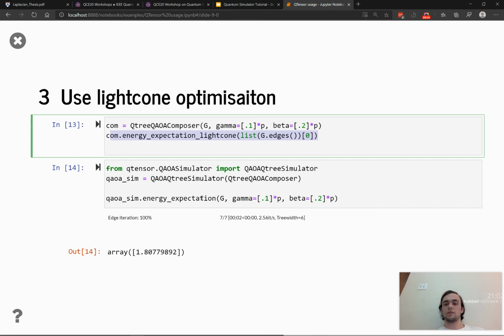If you want to simulate the full sum over all the edges, then you can use the QAOA Q3 simulator, which has handy functions to generate those light cones and simulate them, and then the sum is what you're left with. The API is very similar to what you saw in the plain simulate.